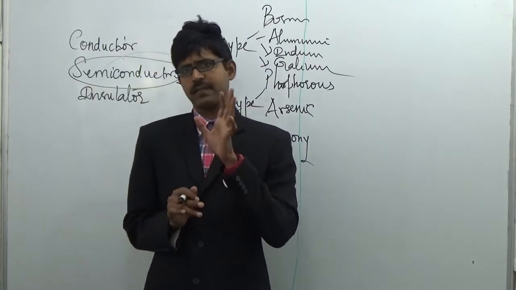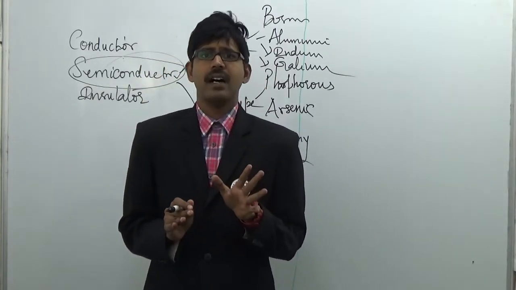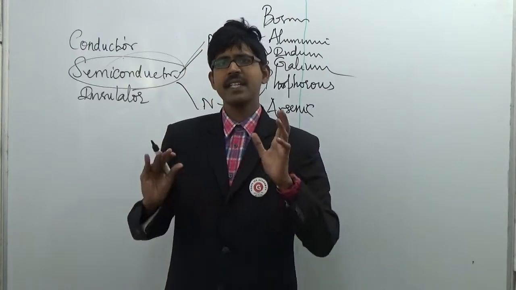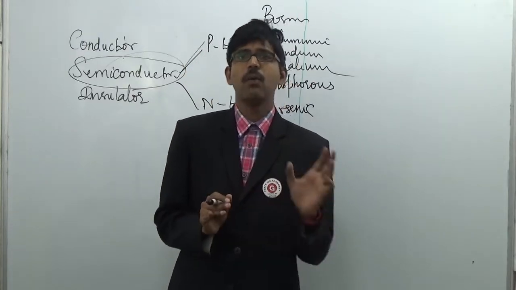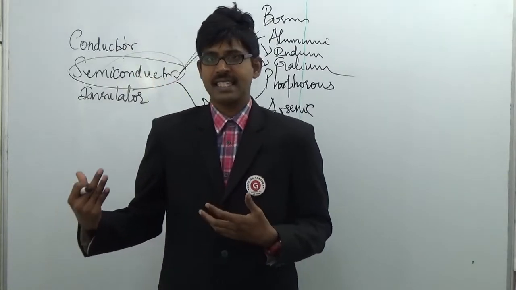Now, coming to semiconductor physics, one of the most important questions asked in a couple of years is, having given a semiconductor, what is the electron concentration and what is the hole concentration?